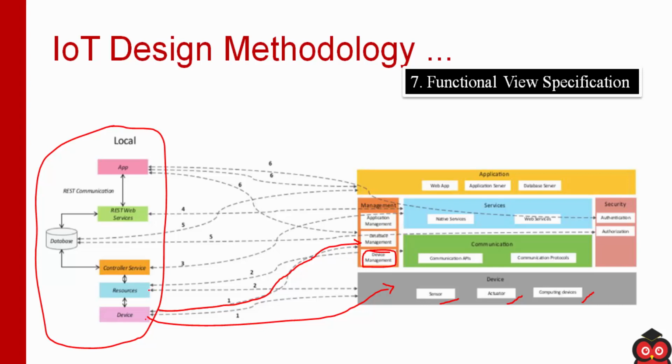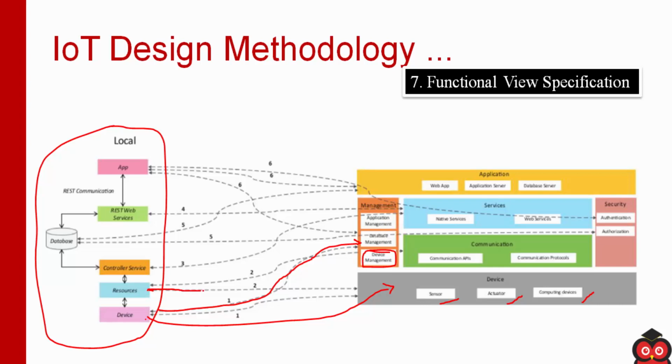Now next, let's consider resources. So resources can be two types. We have discussed this in the last section. Resource can be either network resource or on-device resource, right? So as an example for on-device resource, I told you that the operating system which runs on Raspberry Pi is an example for on-device resource.